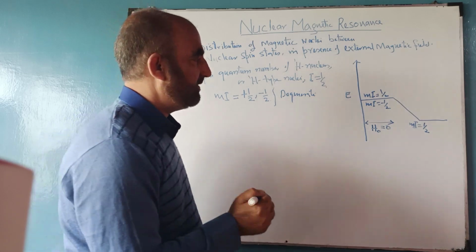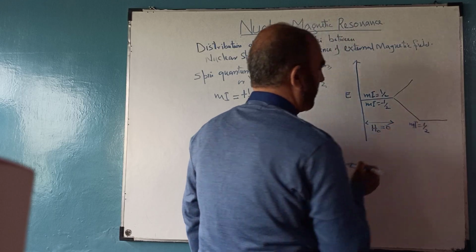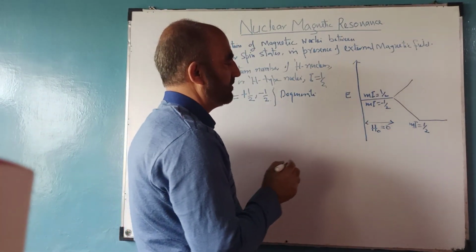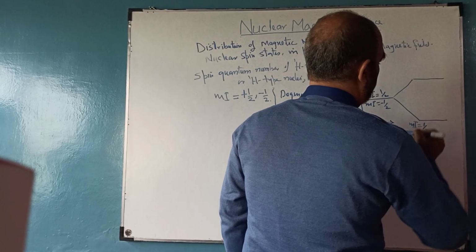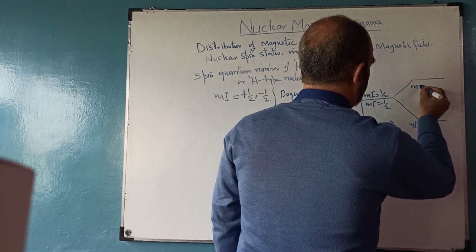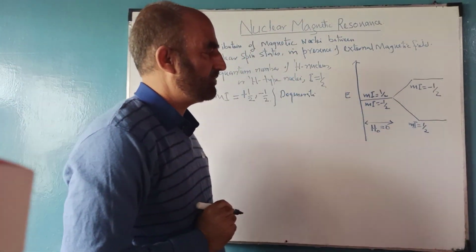And in the same way, the spin state corresponding to Mi value minus 1 by 2, its energy will increase and it will rise in energy. This is the Mi value corresponding to minus 1 by 2.